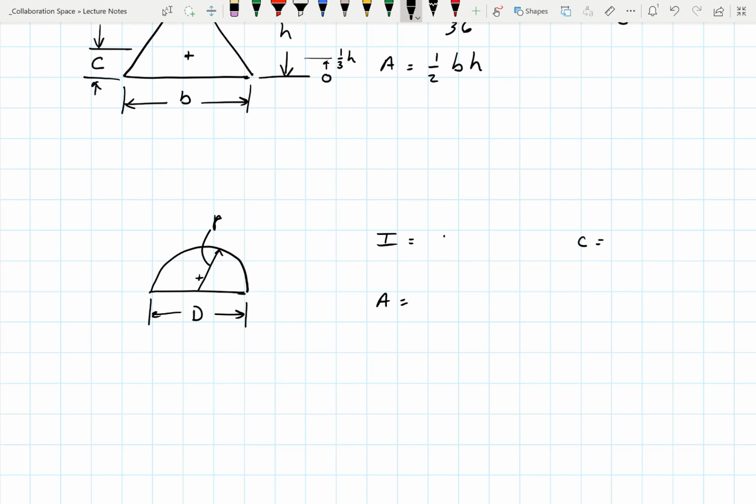Pi times R cubed. I've got to the 4th over 8. Pi times R to the 4th, sorry, over 8. Okay. Area? Pi R squared over 2.